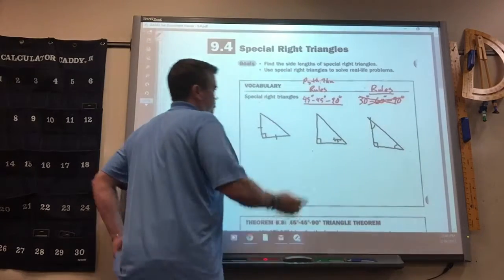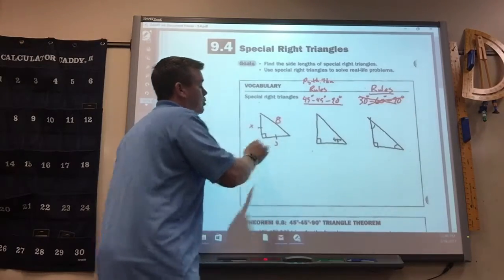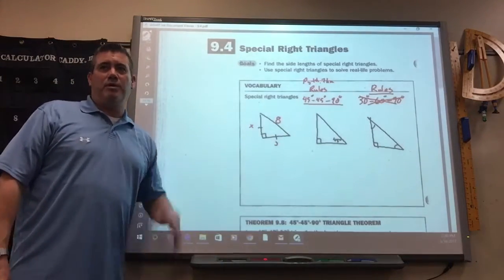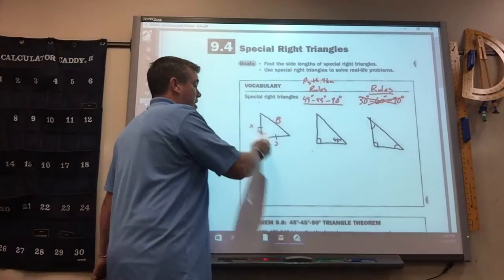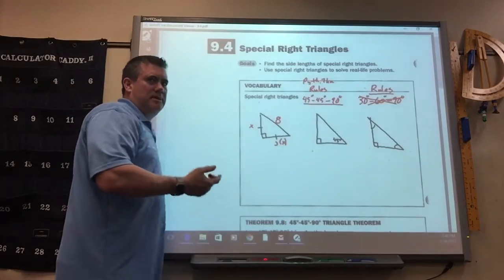Okay, so if this was 8, x and y are going to be the same, so you just have to find one of them. Since they are the same, you don't need to call it y, you could call it x, right?